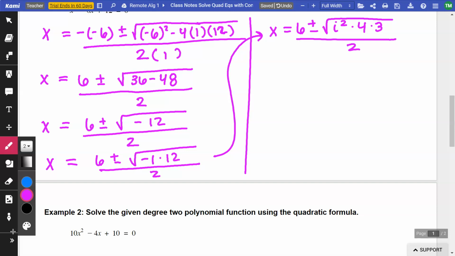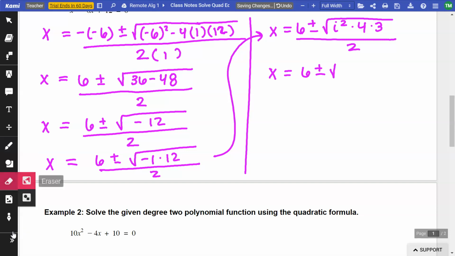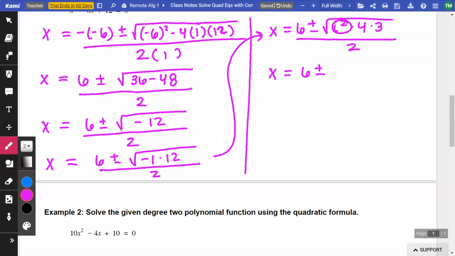So when we simplify this, I can simplify my square root. What's the square root of i squared? i. What's the square root of 4? 2. So 2i times root, and we still have 3 under the radical, all over 2.